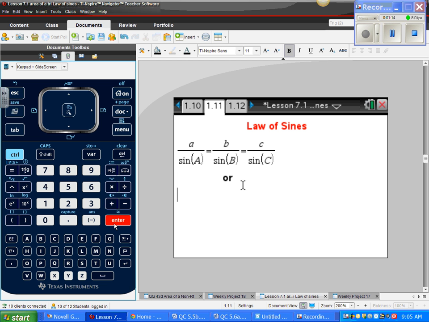Very good. Lowercase represents a side, uppercase represents an angle. Are we cool? Lowercase represents the side of a triangle, uppercase represents the angle of a triangle.